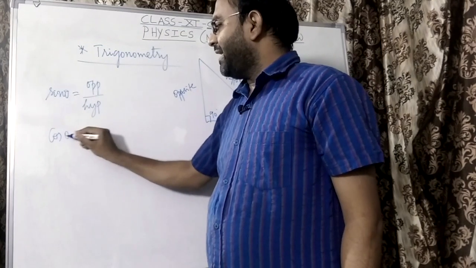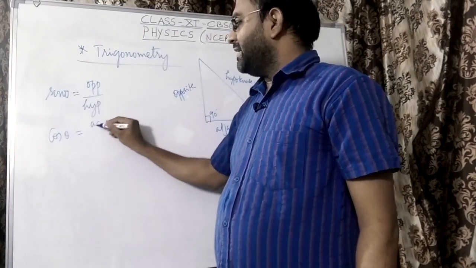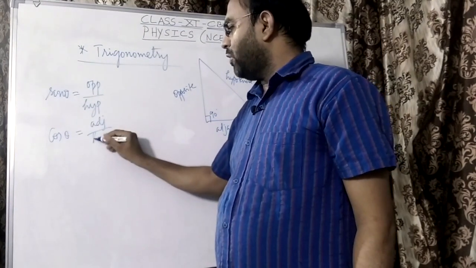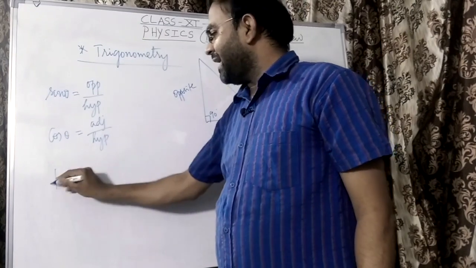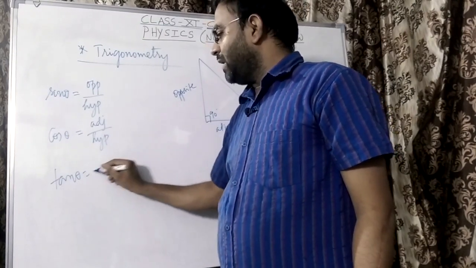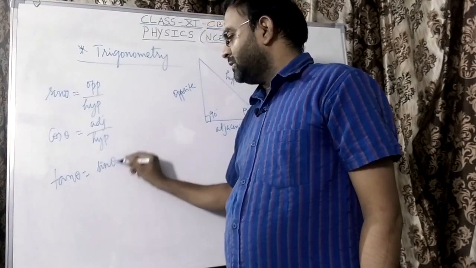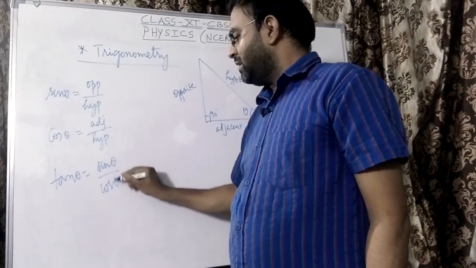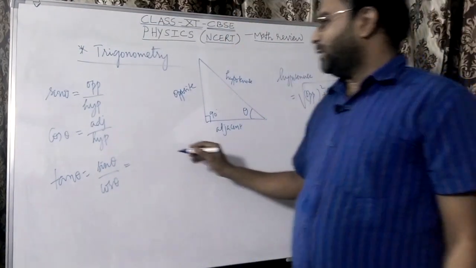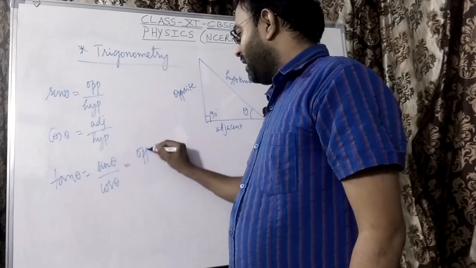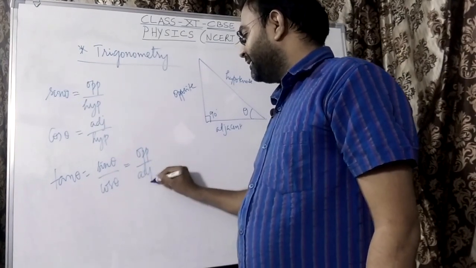Cos theta is defined as adjacent side over hypotenuse, and tan theta is sine theta over cos theta, and hence this is equal to opposite side over adjacent side.